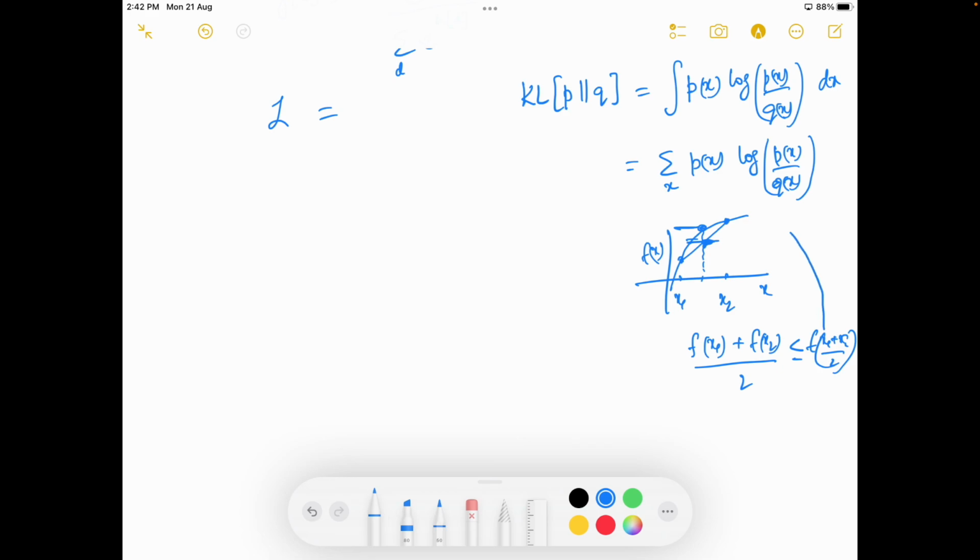So this is this value and this is this value.